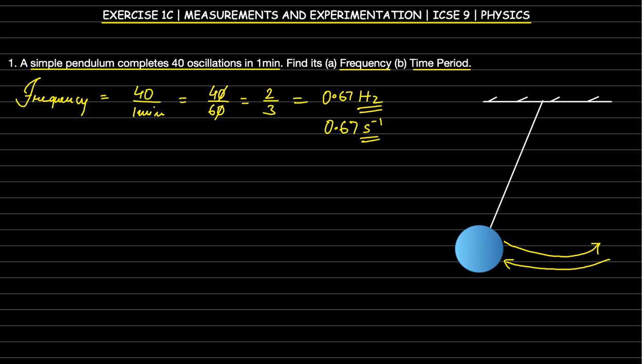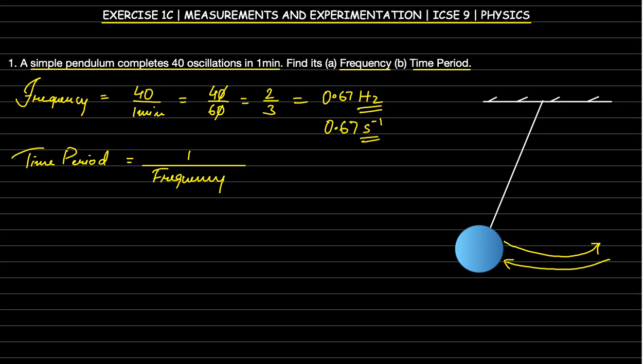Coming to the time period, finding the time period has a formula. So the formula is time period is equal to 1 divided by frequency.